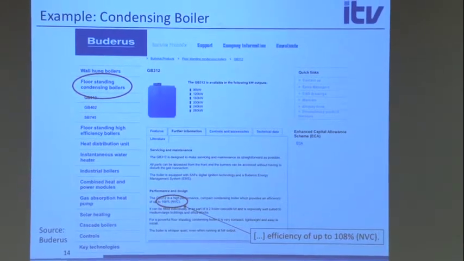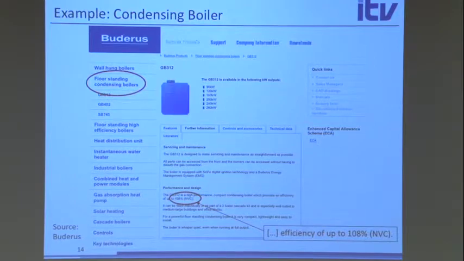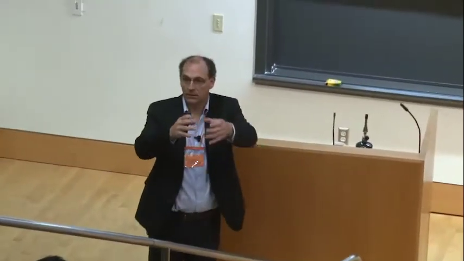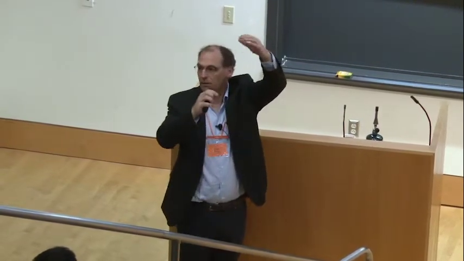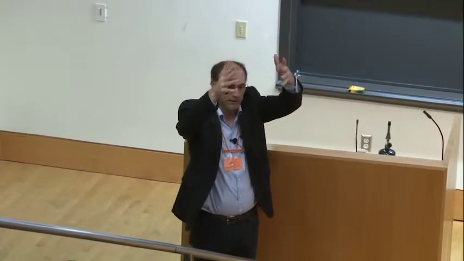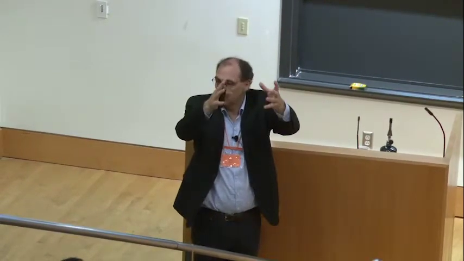So the way they do this is, I have a system like this at home. The exhaust gas goes through the exhaust pipe to the roof, and it is in a plastic tube. While it goes up, it cools down, so the water will condense, which leads to a heat release.